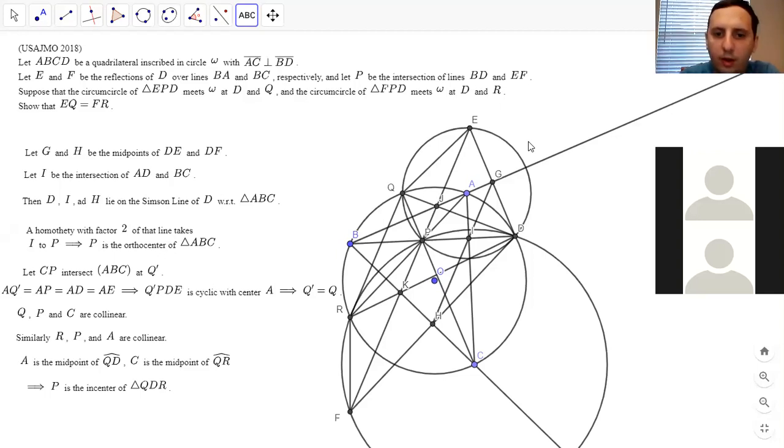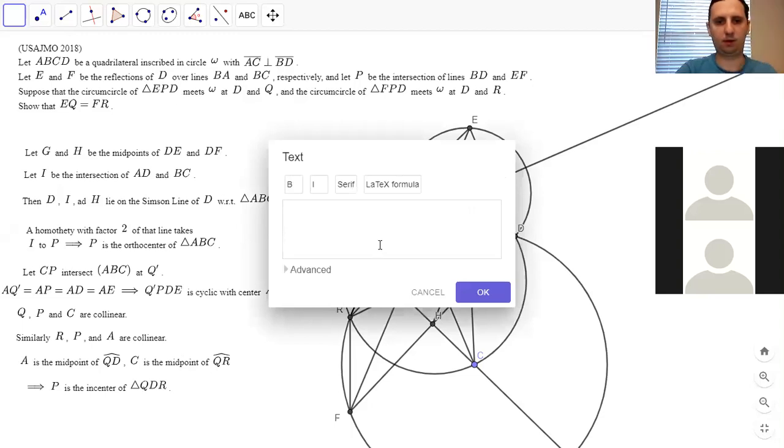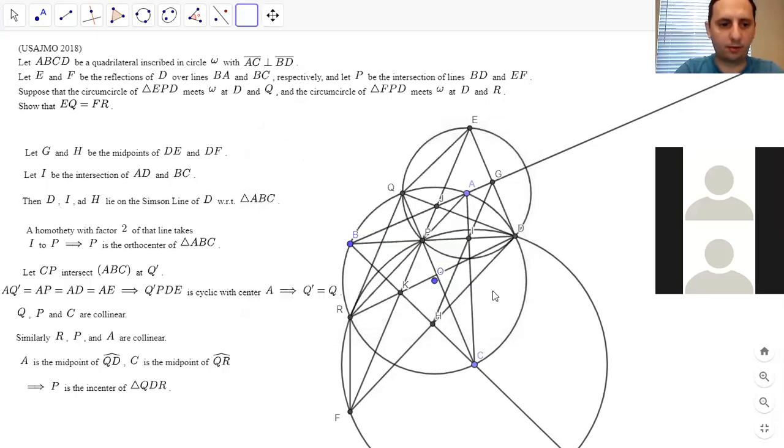If you reflect line BPD across BA, okay, yeah, I like that. By reflecting line BPD across BA, B, Q, and E are collinear. And then similarly, B, R, and F are collinear.